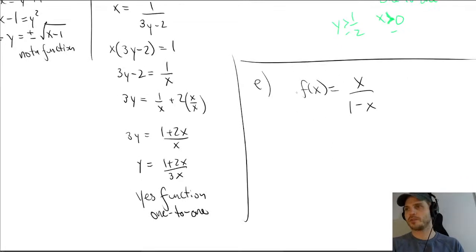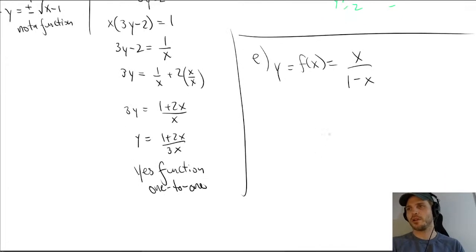Alright, so this is y. So I've been switching and then solving, so let's solve and then switch. So y equals x over 1 minus x. I'll multiply both sides by the denominator. Y times 1 minus x equals x.